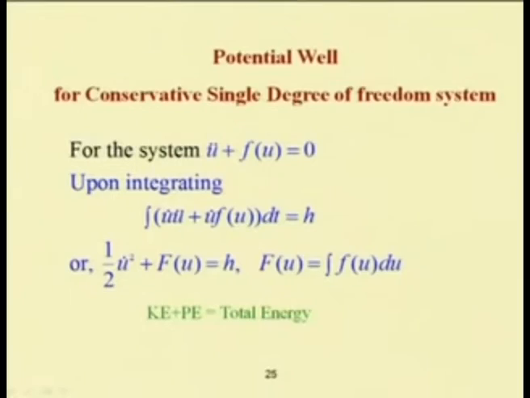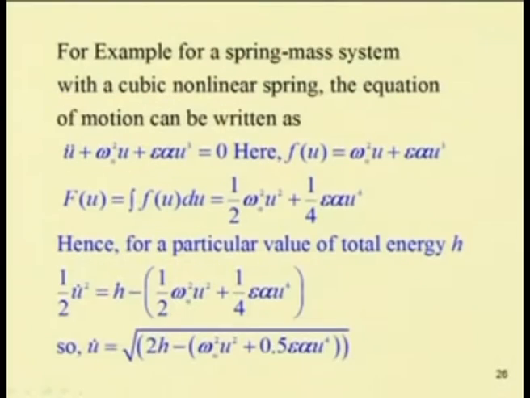So, last class we have seen about this potential well for the conservative system. So, in this case the equation is written in this form, and we have seen that the kinetic energy plus potential energy will be equal to the total energy of the system. So, let us take the potential well.